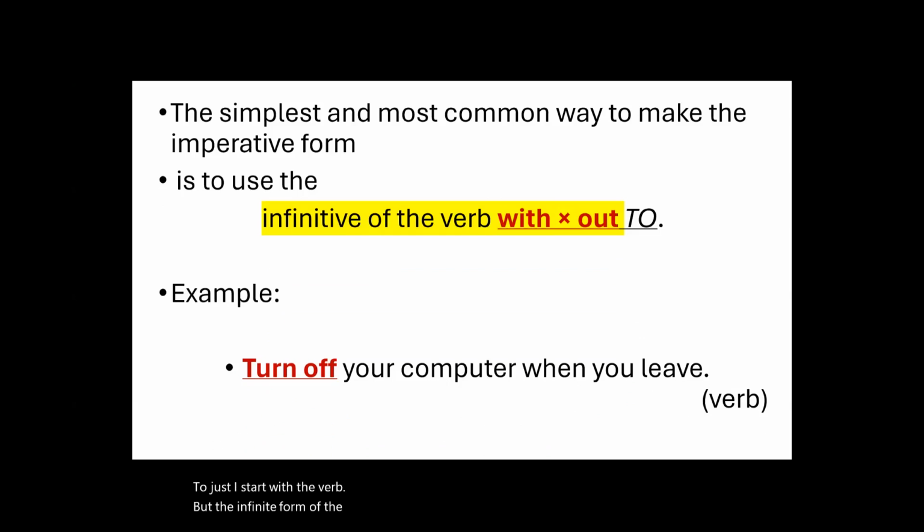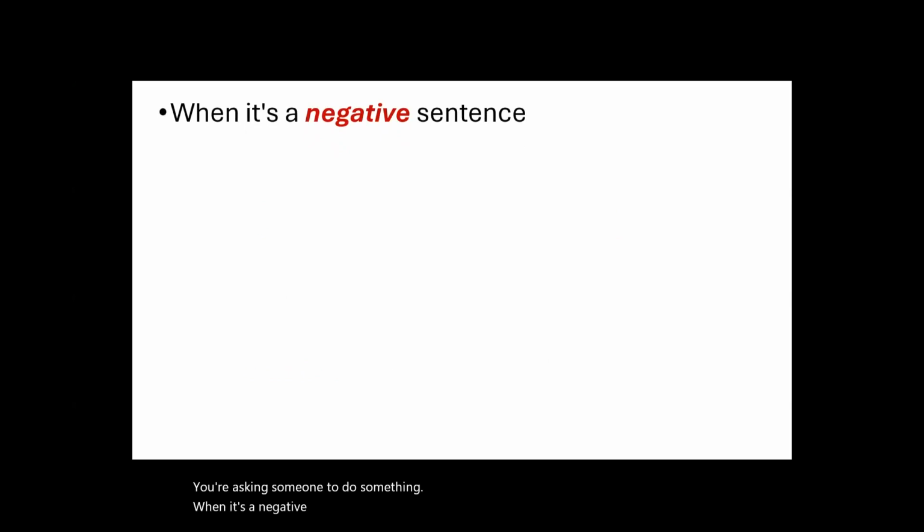Turn off your computer when you leave. Here I am giving an instruction. You're asking someone to do something. When it's a negative sentence, if I want to make this sentence negative, how can I make it?